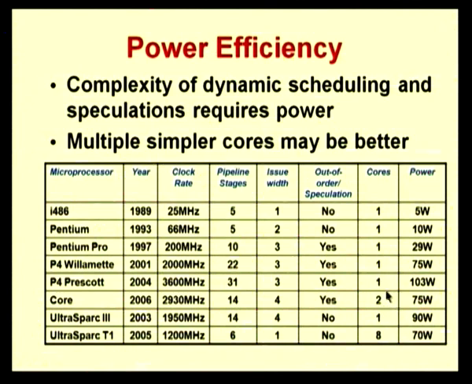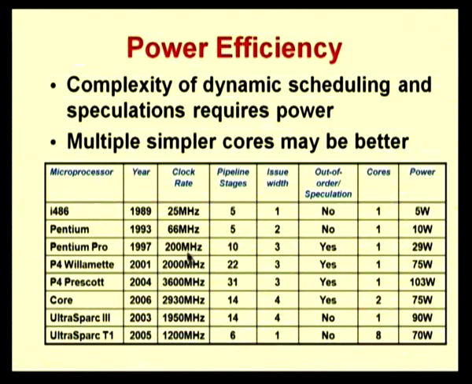As we move from 2004 to 2006, you can see the number of cores is 2, and the power consumption is 75 watts. Similarly, with UltraSPARC, in 2003 it is a single core which consumes 90 watts, whereas the same UltraSPARC, as a multi-core architecture, consumes 70 watts.